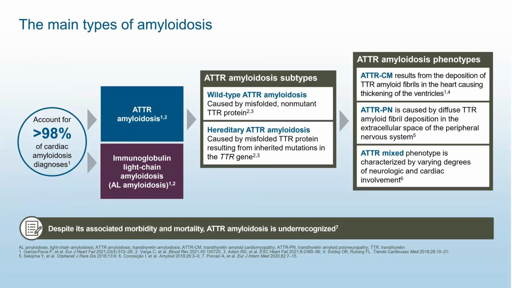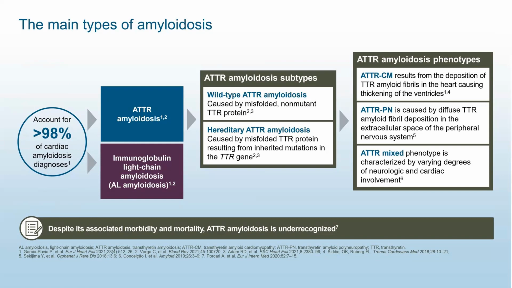Amyloidosis has several genetic types, maybe 7 or even more. Of all those subtypes, we are focusing on 2 types, which represent more than 98% of all amyloidosis. One of them is a hematological disease, which we call the amyloid light chain or AL amyloidosis.